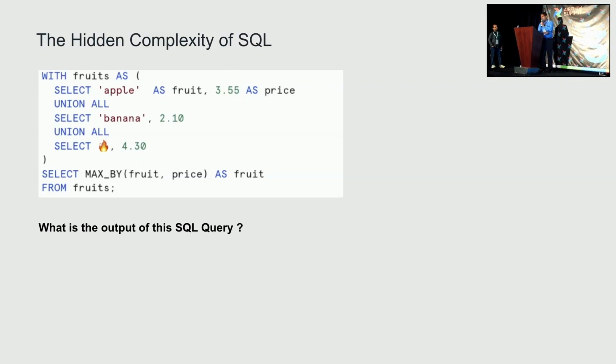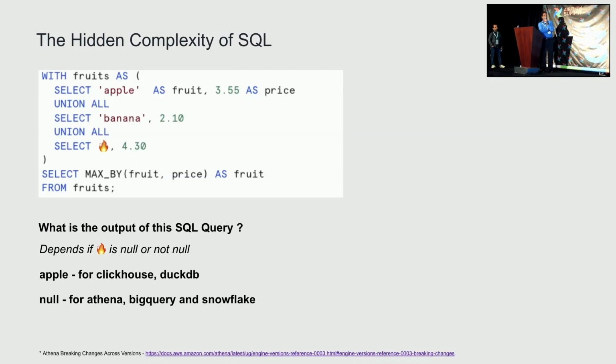Now the output of this SQL query actually depends. It depends on whether that emoji, that fire emoji, is null or not null. If it is not null, then no problem. Every SQL engine would report the exact same fruit because everything is not null. But if it is null, different engines behave in different ways. For example, and we have tested it, for ClickHouse and DuckDB, it returns apple.